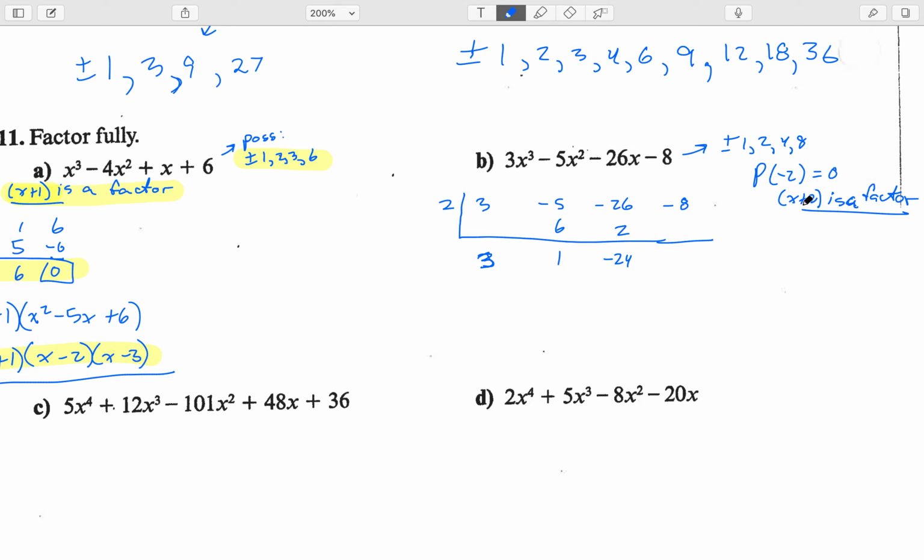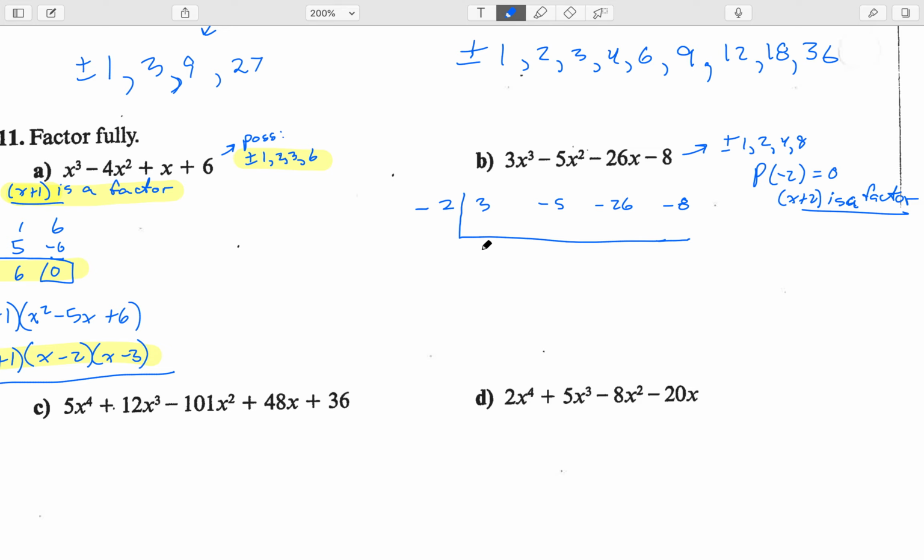Should this be a positive 2? This should be a negative 2. How do I know? Because I'm not going to get a 0 here. Okay, yeah. So hang on, let's back this up. This is negative 8. This should be minus 2 because x plus 2.